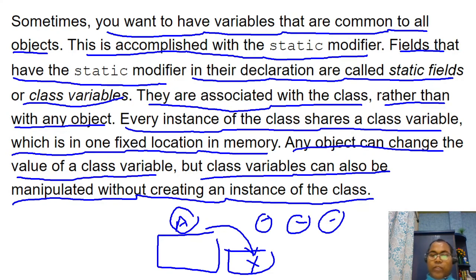And if you want to access an instance variable and instance method, then we need to create an object of that class. This object can also access the static data member, and any object can modify the class data member, but the general guideline is that static data members are always accessed by the class name itself.